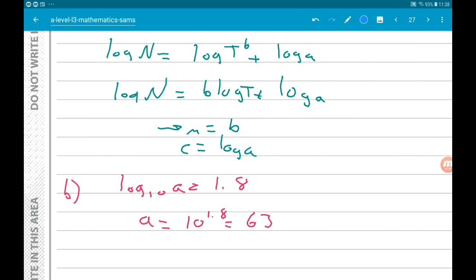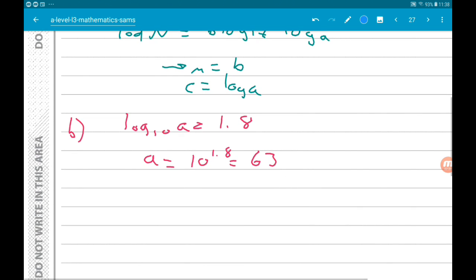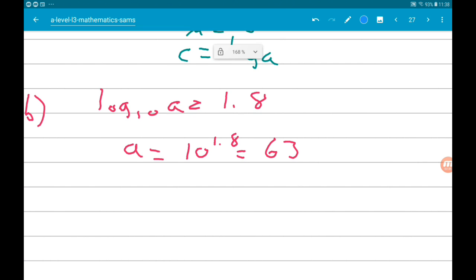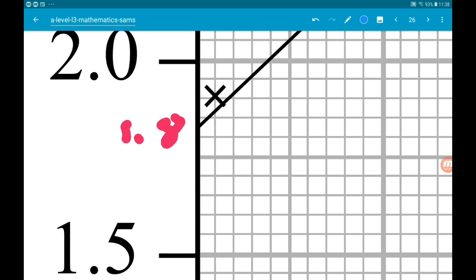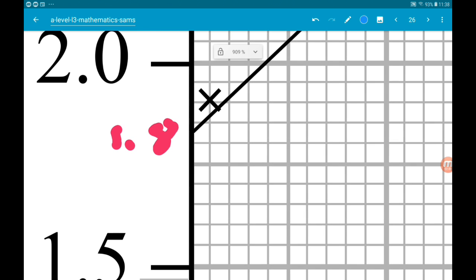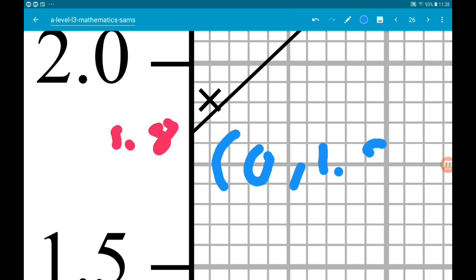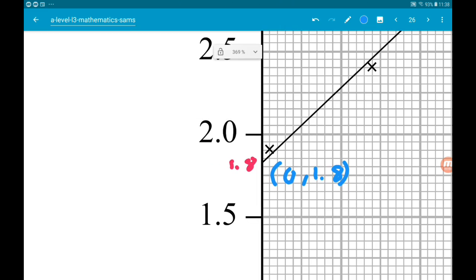So to find b, we need to find the gradient of the line. So b is, so we need to find two nice points, so we might as well use this one. So this point is 1.8. See if we can find another nice point.